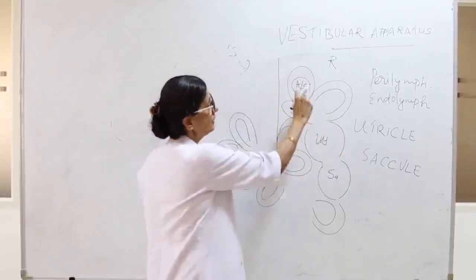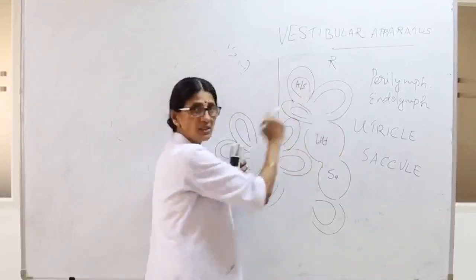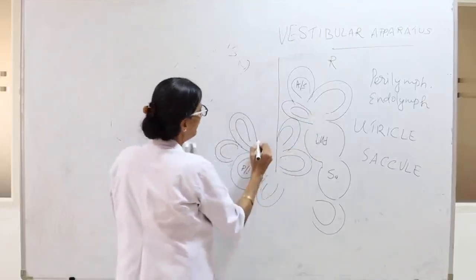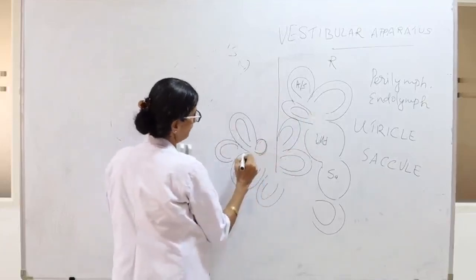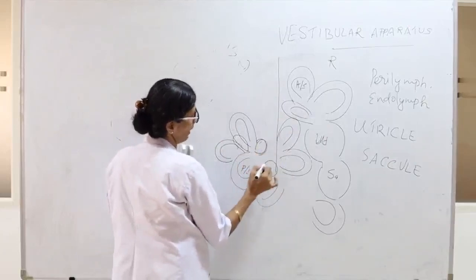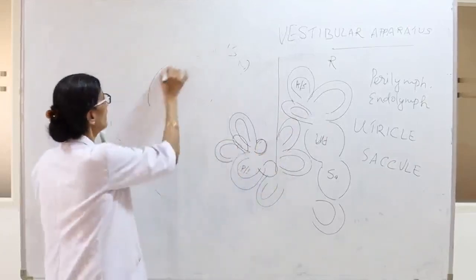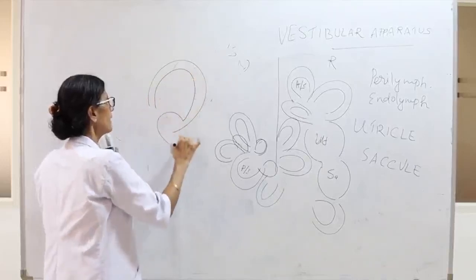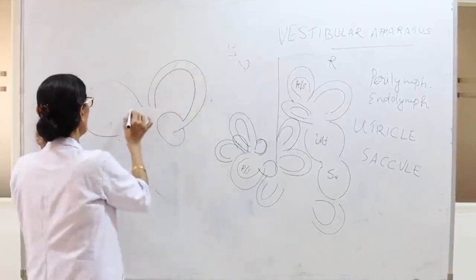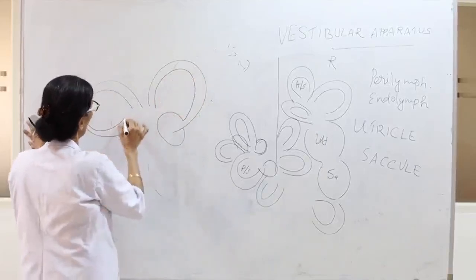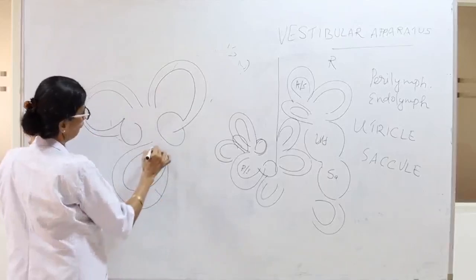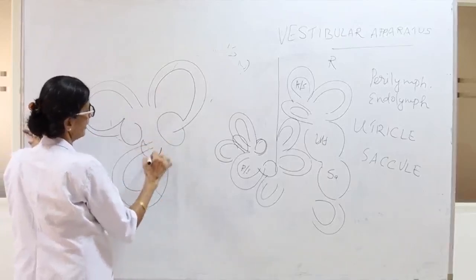There are 2 free ends for all the semicircular canals, but one free end of each has a dilated structure which is called the ampulla. So for each canal, one end will be dilated. Again for the horizontal canal we have two free ends, one of which is dilated, and for the posterior one also, one is dilated.